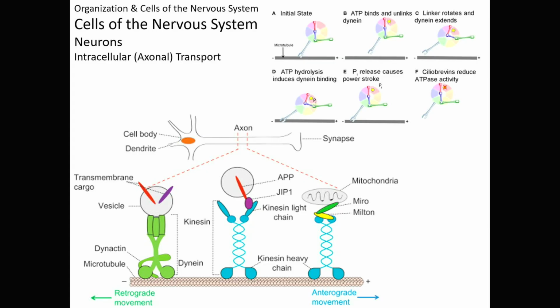The cilia internal structure is all microtubules, and so ciliobrevins were in part discovered and developed initially in a cilia context, I guess is what I'll say. So that's where that term ciliobrevin comes from. But again, ciliobrevins are these synthetic inhibitors of dynein and can be used to stop retrograde intracellular transport within cells.